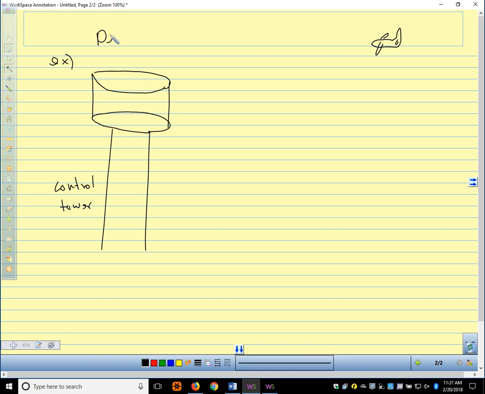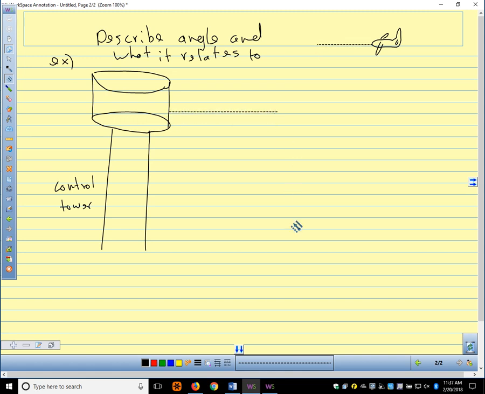So we want to describe the angle and what it relates to. And I'm going to draw some horizontal lines here. My dotted lines are horizontal. So there's a horizontal line. There's a horizontal line out from the tower. And here is the ground. So we're going to have a person. Here's a person standing down here on the ground.